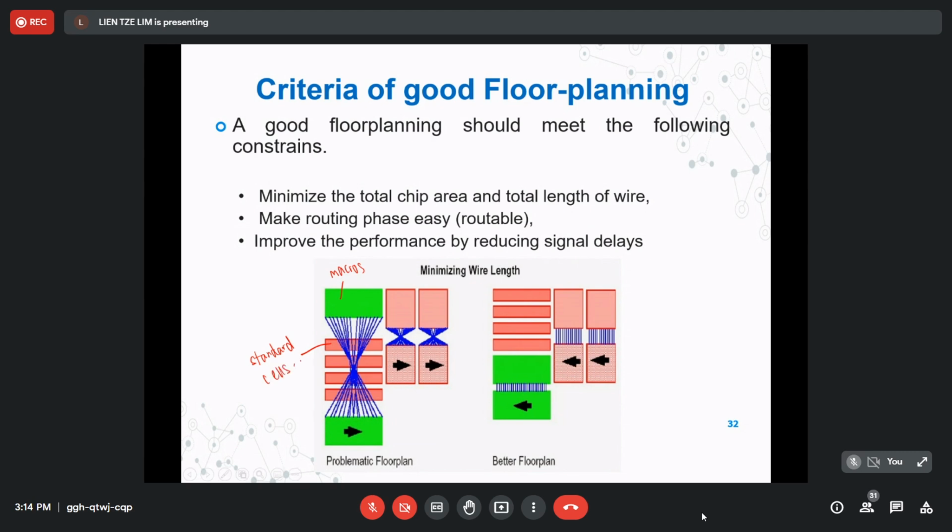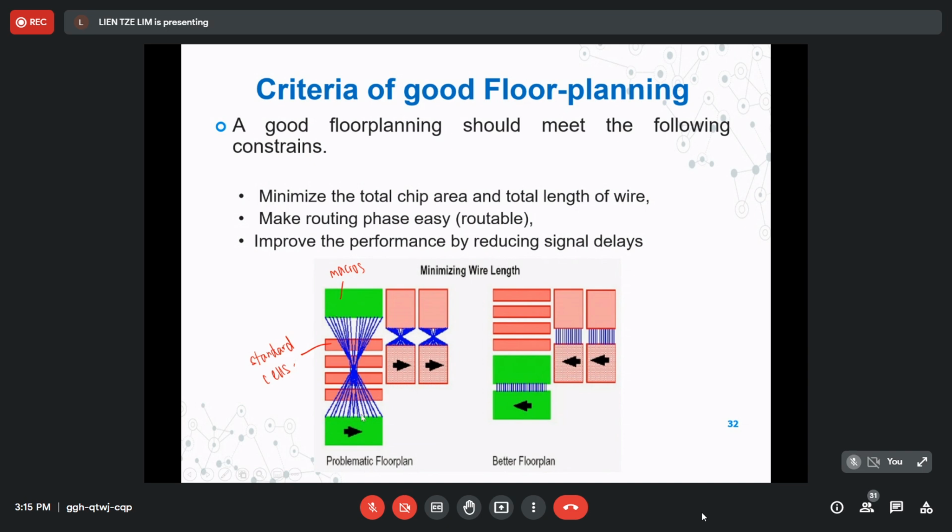A macro is usually larger in size than the standard cells. So the placement of these macros is also different. If we want to make sure that the wire length is minimized, we have to make sure that the macros that are connected to each other are near.